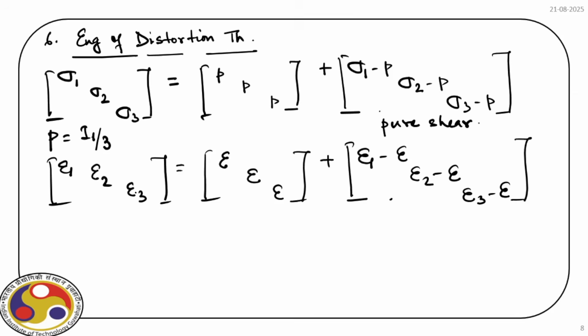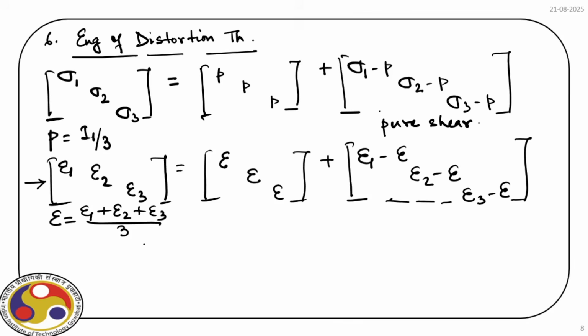Okay. And obviously, this first component for the strain is again epsilon 1 plus epsilon 2 plus epsilon 3 divided by 3, right? That's the average strain. Okay. Again, if we satisfy that criteria, so this will be a state of pure shear.